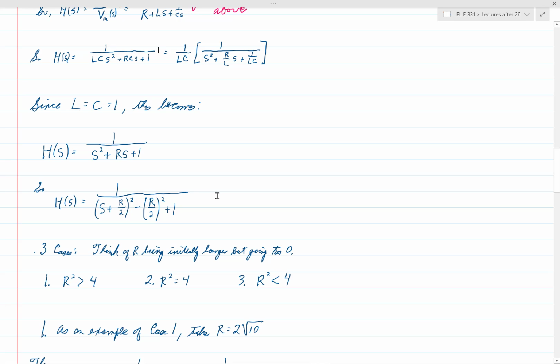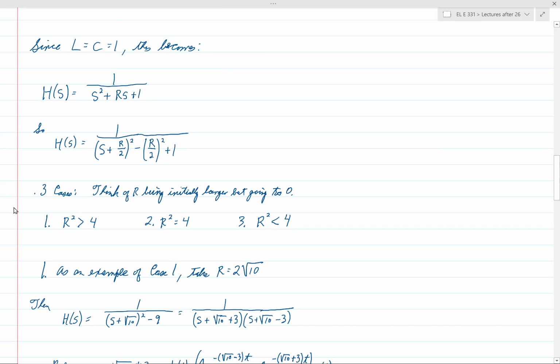And now that we see that, we have 3 cases that we can consider, depending on whether this stuff out here is negative, 0, or positive. So let's see how it goes.